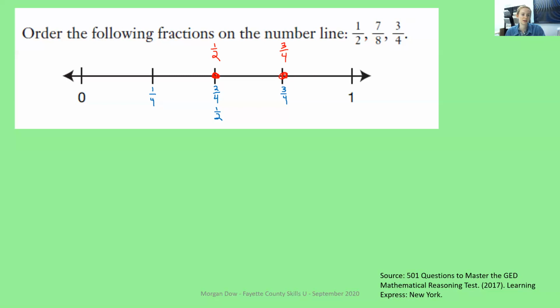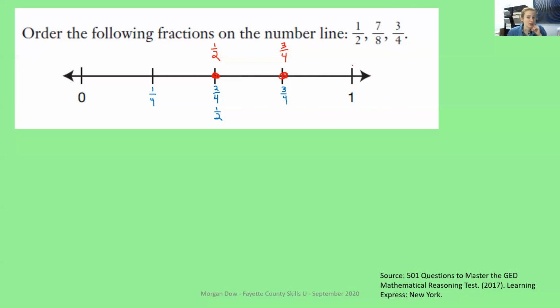Where does 7/8 belong on this number line? Well, if I think about what 7/8 means, 7 out of a total of 8 parts, that's pretty darn close to 1. So we know that 7/8 is going to be somewhere in this area, closer to 1 rather than closer to 0.